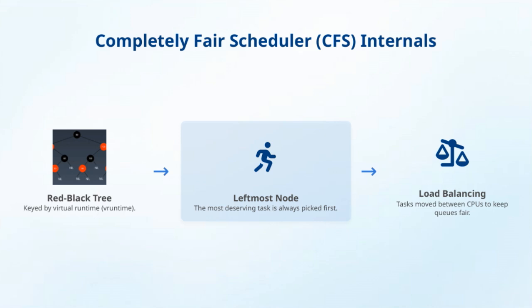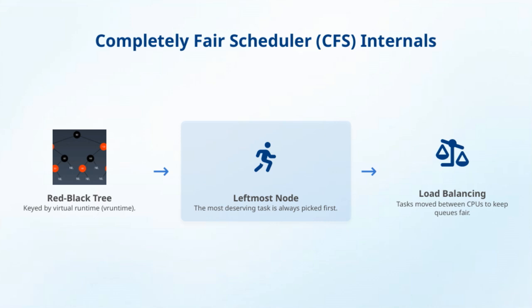This selection process is organized using a data structure called a red-black tree. The leftmost node in this tree always represents the task with the lowest vruntime, meaning it's the one that should run next. This structure allows CFS to quickly find and select the most deserving task, ensuring fairness and efficiency.